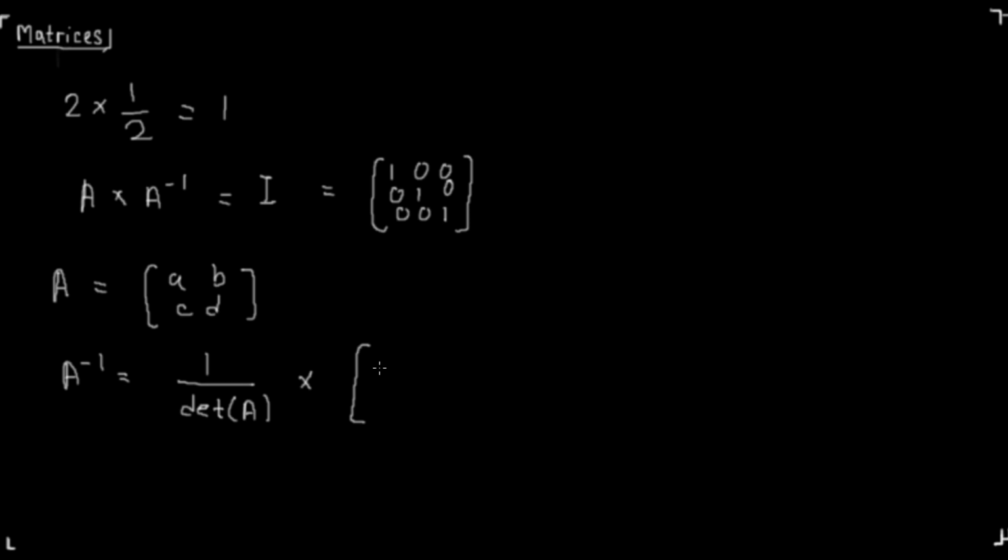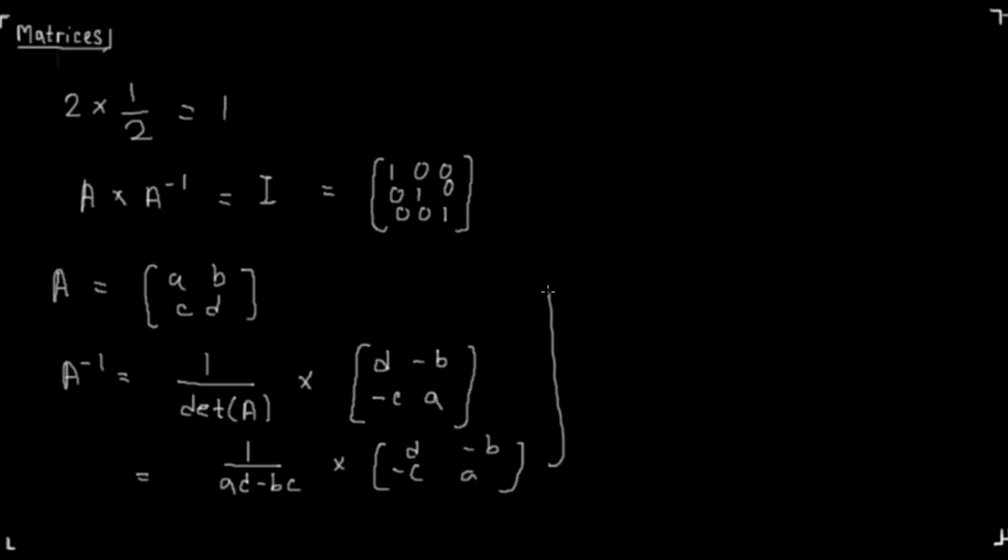Remember this: we swap A and D's places, so D goes here and A goes here, and we change the signs of the other two, so minus B and minus C. From here, the determinant is AD minus BC.